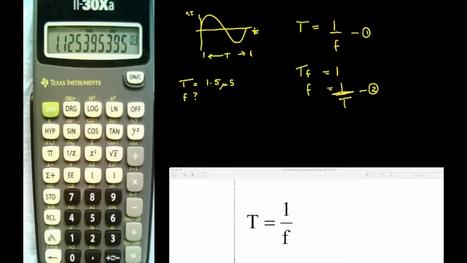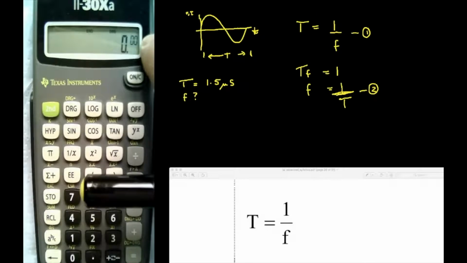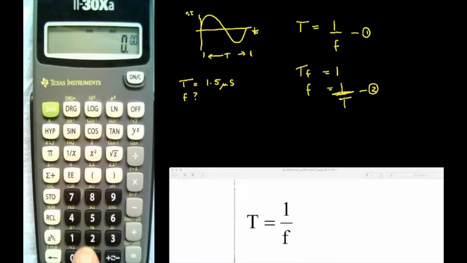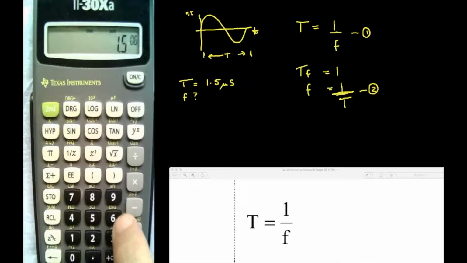So f equals 1 over T. This is a very simple one to do on the calculator. We just clear the calculator, put it into engineering notation. It's already there. We will say 1.5 E6, change sign. So there I've got 1.5 microseconds in engineering notation in the display.